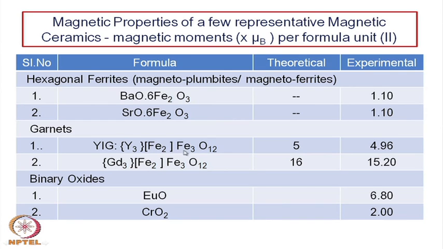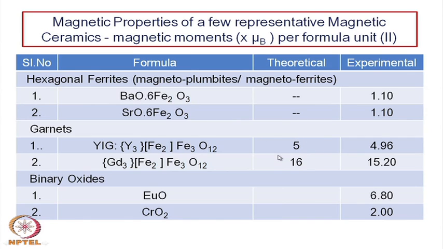The iron is distributed between the octahedral and the tetrahedral sites. The same is the case here, and the only thing is the yttrium has been replaced by gadolinium, and one should look at the theoretical value of this.